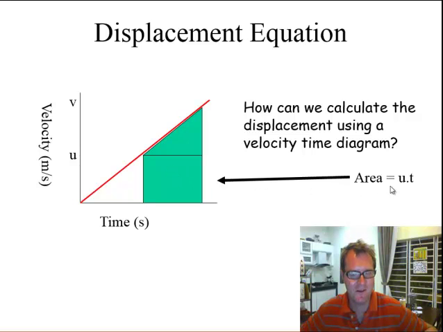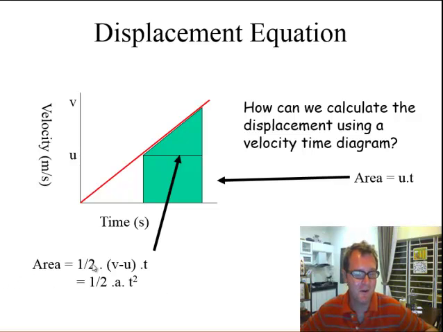So that's going to be the initial velocity multiplied by time. And then the triangular shape at the top here I can work out because that's v minus u, which gives me the change in velocity, multiplied by the time taken here, times by 0.5, because that's how to find the area of the triangle.